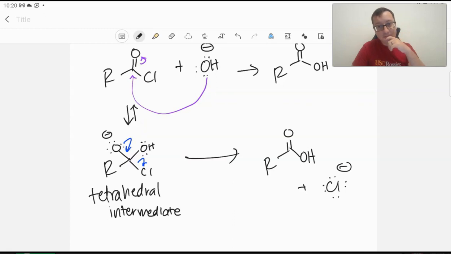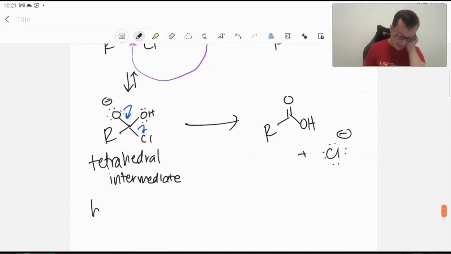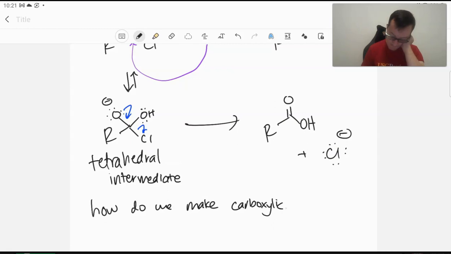But first, as always, we should think about how to make them to begin with. We have some tools already that you remember from before. How do we make carboxylic acids? How do we make these? Well, here's one way. I just did that. So you can hydrolyze an acid chloride.